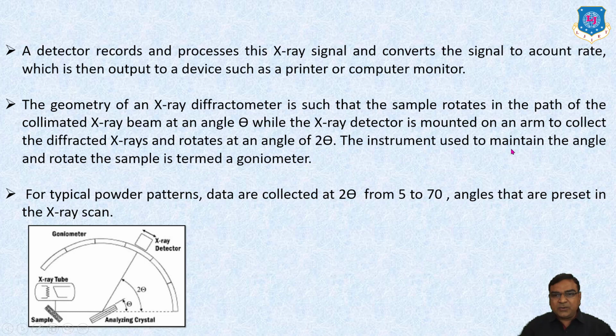The instrument used to maintain the angle and rotate the sample is termed a goniometer. For typical powder patterns, data are collected at 2 theta from about 5 to 70 degrees, the angles that are present in the X-ray scan.